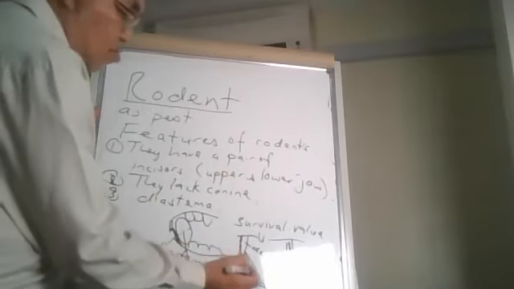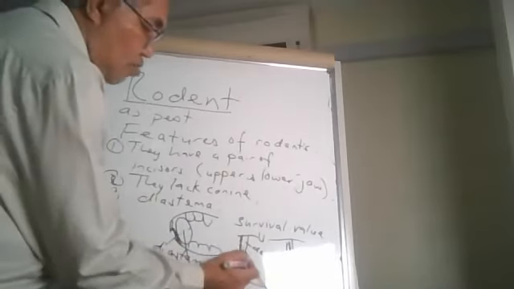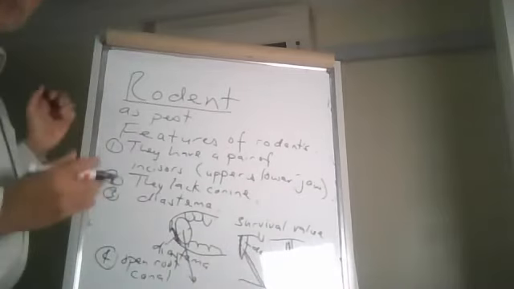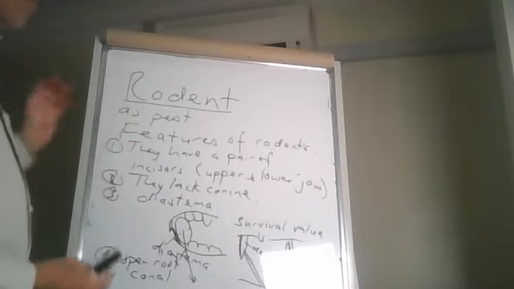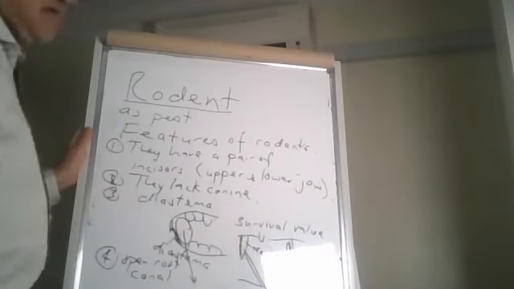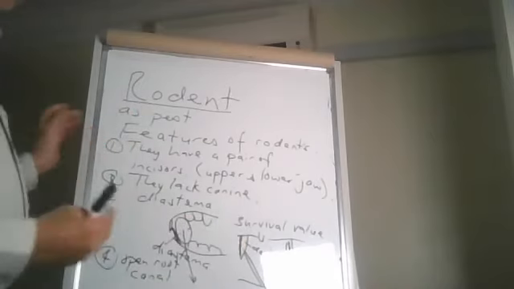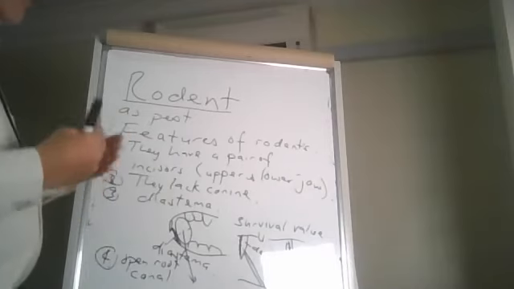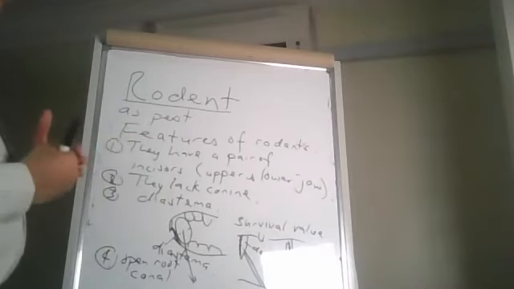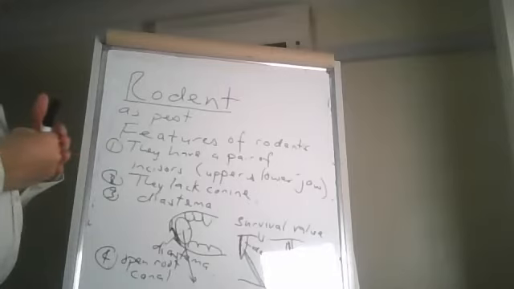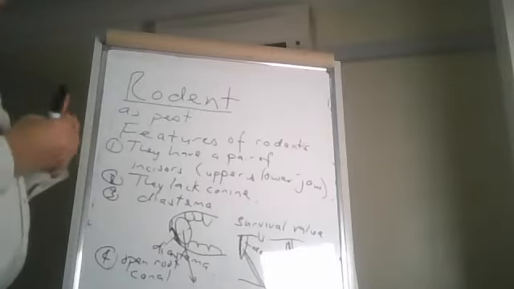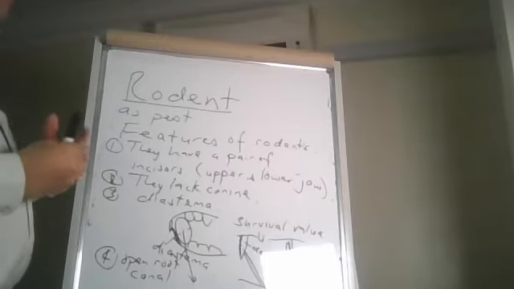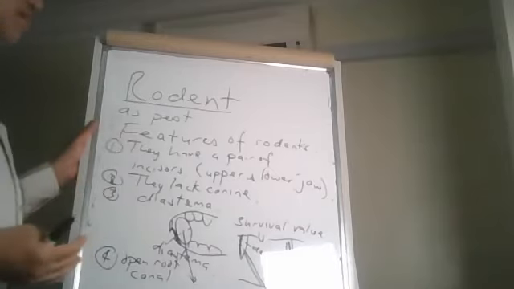So when the lower incisor slides with the upper incisor, it actually wears off the dentin, allowing the teeth to be sharpened as it bites.